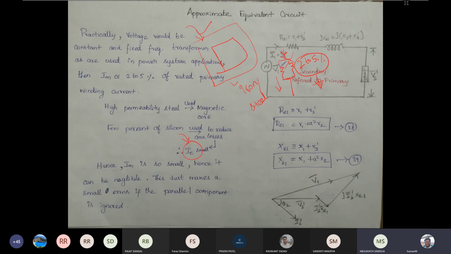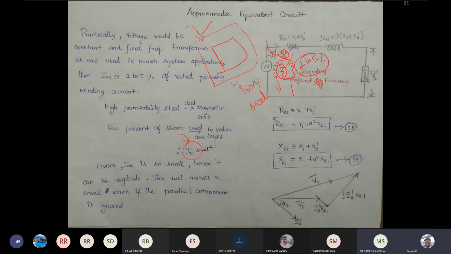So that is the current flowing through this path. When the current flowing through this path is reduced, then the overall current passing through this path is also reduced, and the ratio between the current flowing through the magnetizing part and the rated current is also going to reduce. So it is going to change.